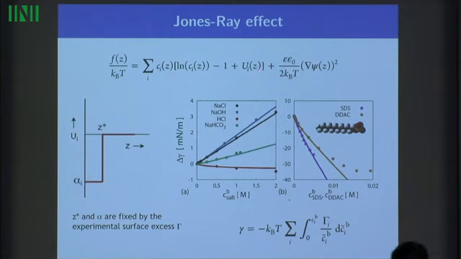Now we model this adsorption energy very, very simply by a box profile, which has only one spatial extension, z*, and one depth of adsorption, alpha_i, where i is the ion type. And these two parameters are fixed rigorously by the experimental surface tension. So if you go to high salt concentrations, you can simply fit these experimental curves and get out values for alpha and z*.